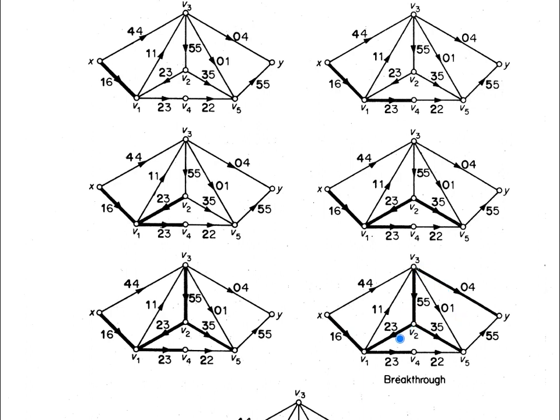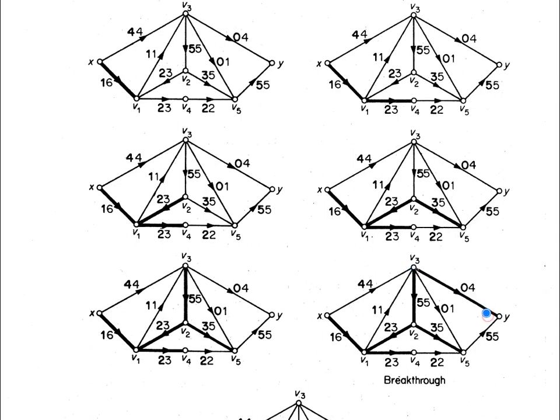So 2 is our minimum. So I increase my flow by 2 along this path. So here we make it 3. Here we make it 0. Here we make it 3, and here also.